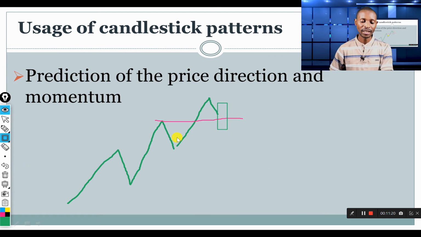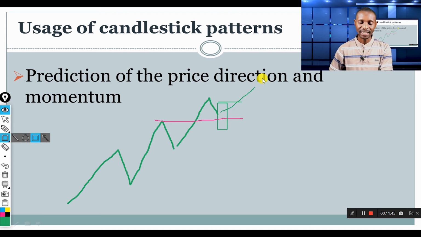This tells you that the market is willing to continue in the same direction. So if you know the direction the market is going, it will tell you that you have to buy this market. That is the first thing which the candlestick will help us to know.